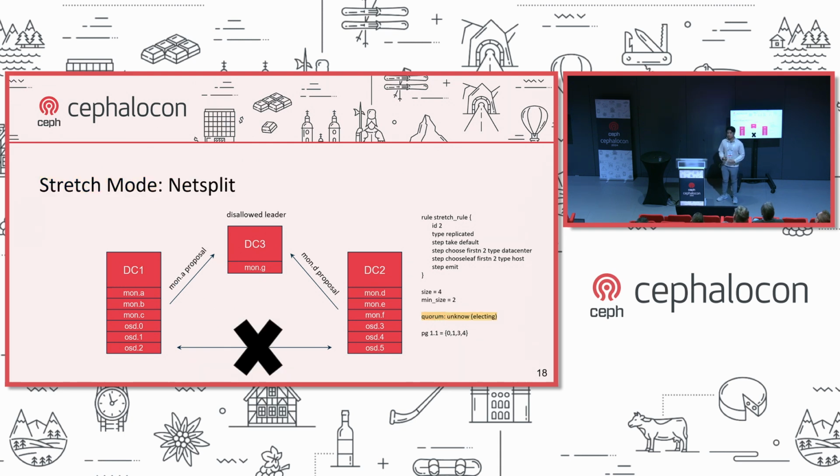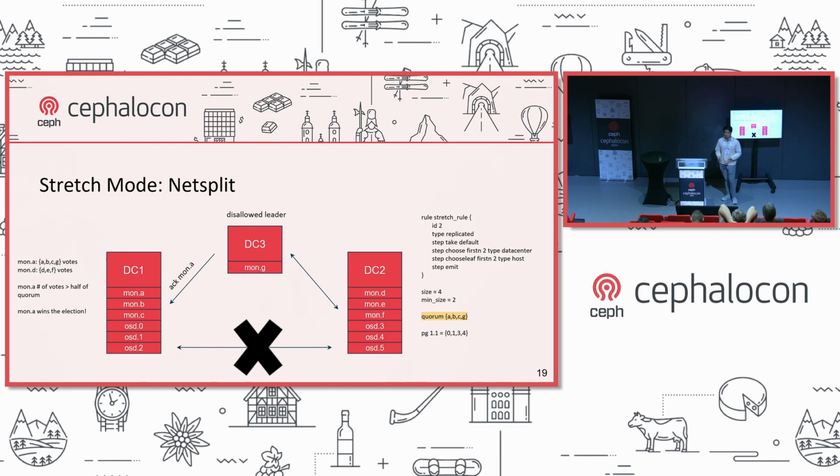So let's simulate what we did from the last slide, where the election got stuck forever. Let's say Mon A proposed to Mon G, and Mon D, at the same time, proposes to Mon G as well. Here we have a net split between DC1 and DC2. And so Mon G has a decision to make, right? Let's say Mon A's proposal gets to Mon G first.